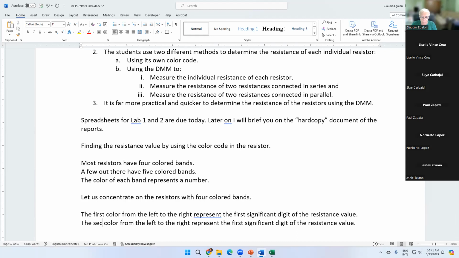The second color from the left to the right represents the second significant digit of the resistance value.